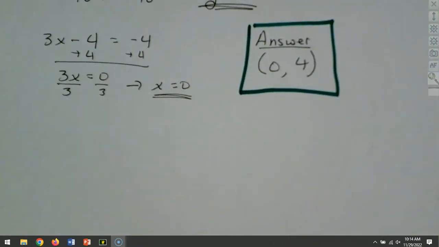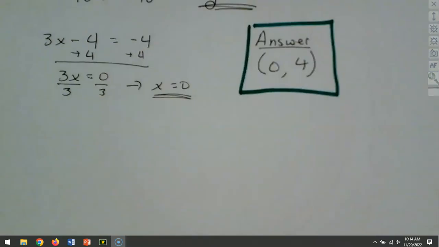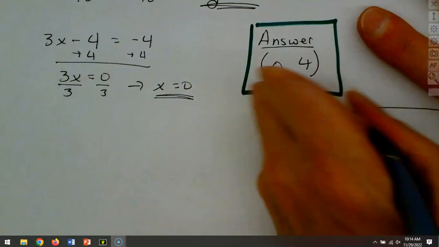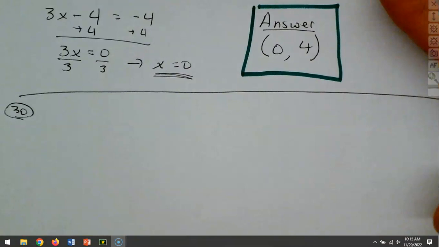Let's try one more of these, and then we'll look at one where we have more variables. Let's look at one that has a fraction. Let's look at, how about question 30?